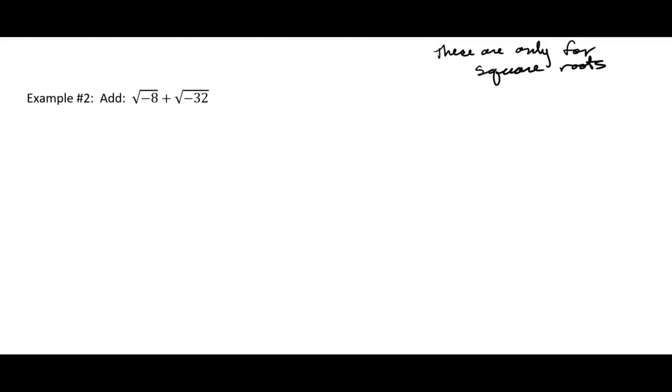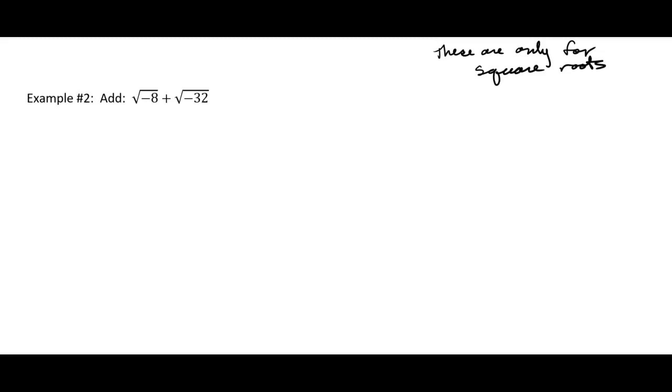So when we're using that i, it's not for like a cube root, that wouldn't make sense, or like a fourth root or something, no. It's only for square roots. So you'll notice in all our examples here in this section, you're not going to have an index that's higher than 2. They're always going to be square roots if we're going to use i, okay? So I just want to point that out.